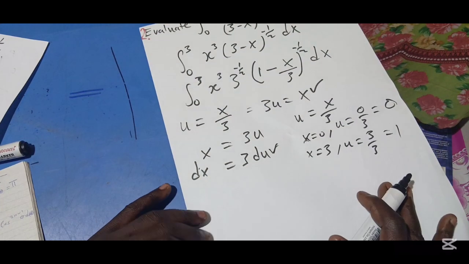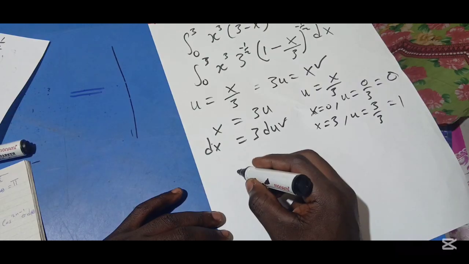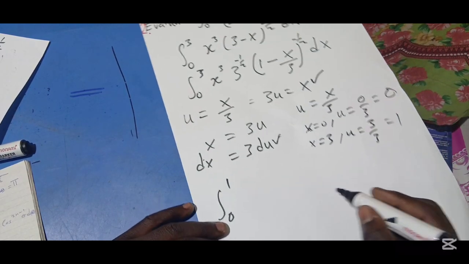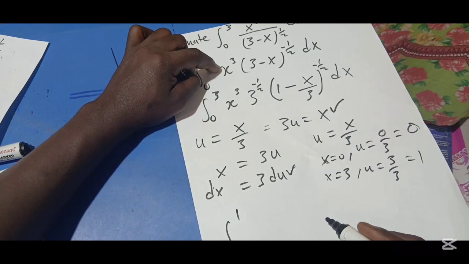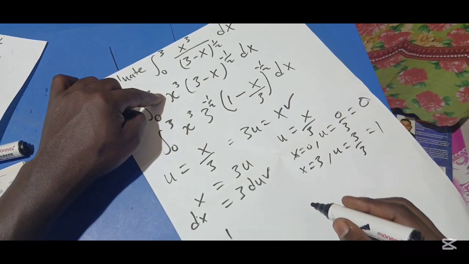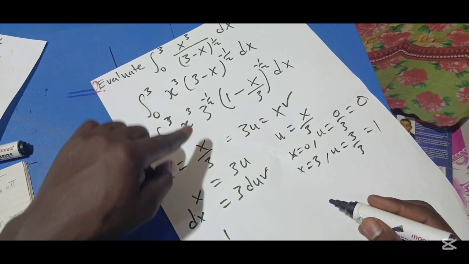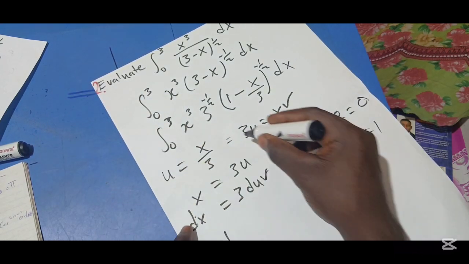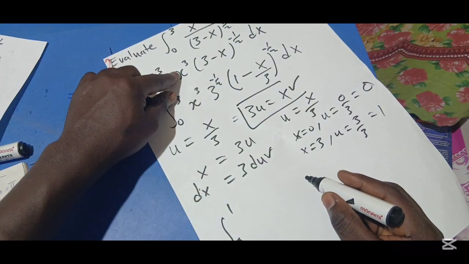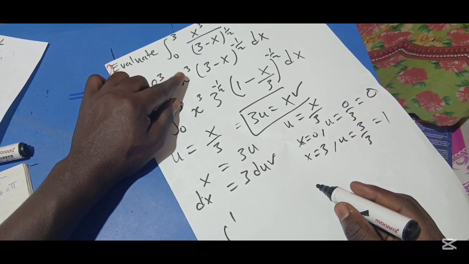So now that we are done converting everything, we have our integral from 0 to 1 of x cubed, and now we already worked for the value of x, and we said x right here equal 3u. So we are writing 3u here instead of x.